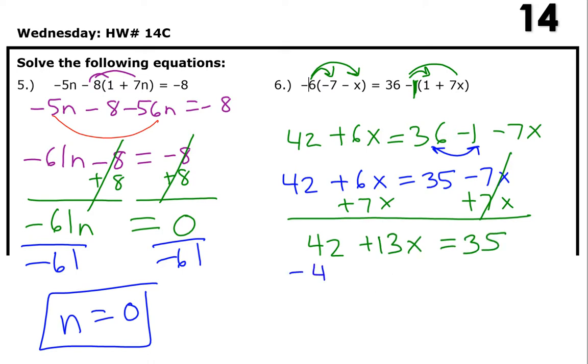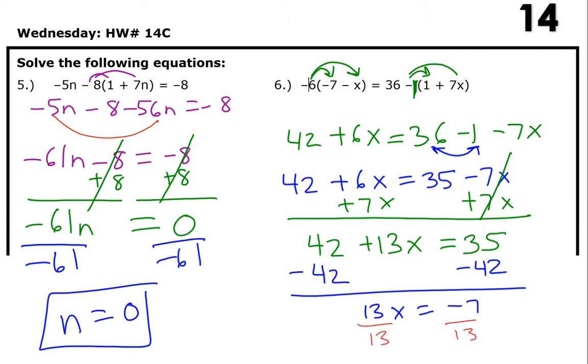And now I'm going to subtract 42 from both sides. And let's see here, I think I'm going to get 7. Divide by 13. And that's a pretty nasty decimal, so I'm going to leave it in fraction form.